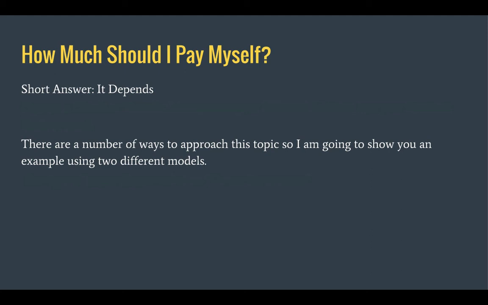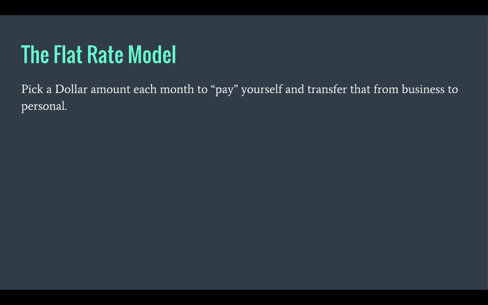The first model I want to discuss is a flat rate model. So this basically has two options inside of it. The first is you just pick a dollar amount each month and pay yourself or transfer that money from your business account to your personal account. This is a completely personal decision, and in general depends on how much money you're pulling in and what your expenses are going to be.